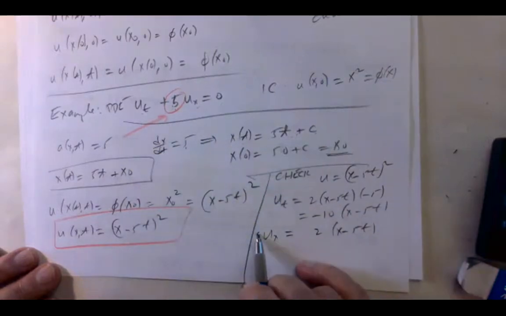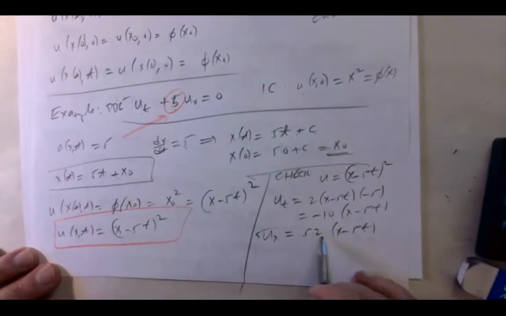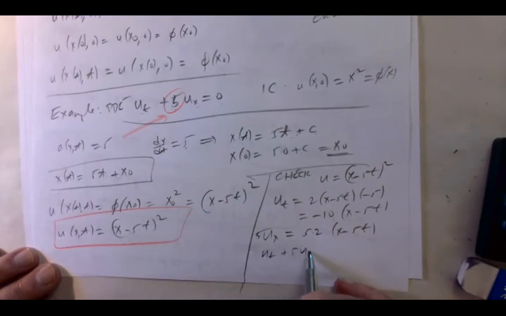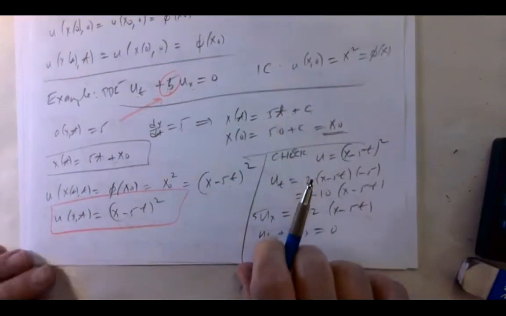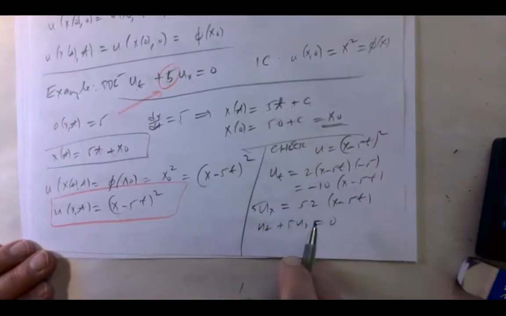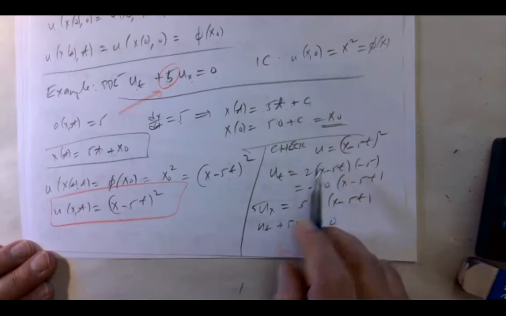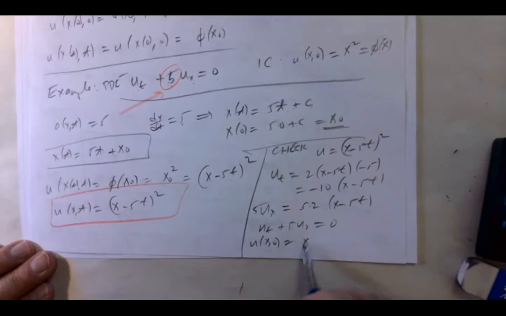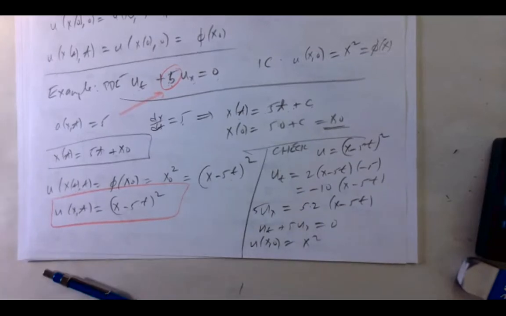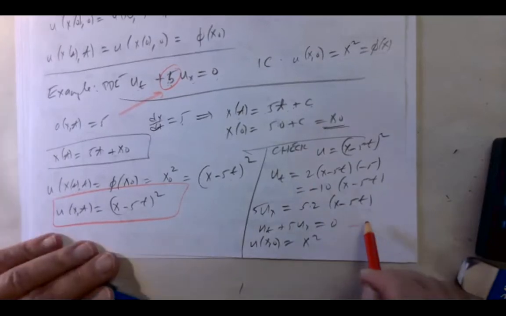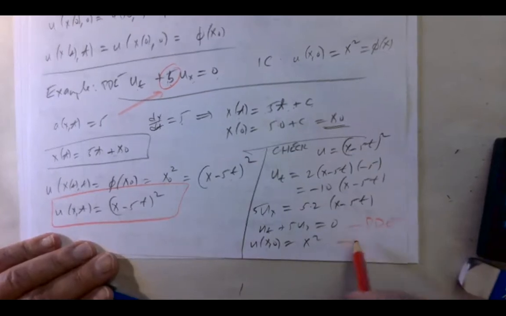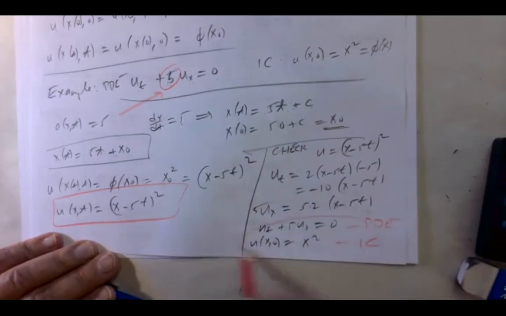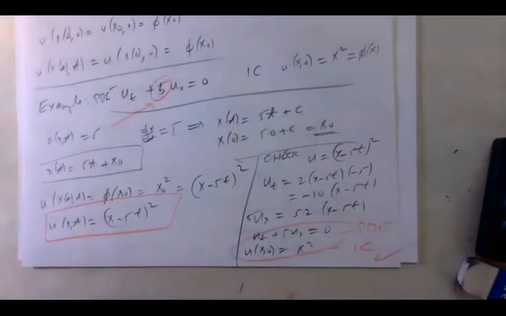If I multiply by 5, I get 10 times x minus 5t. I add these two, u_t plus 5u_x is 0. When I let t equal 0, u of x comma 0 is x squared. So this is my PDE, and this is my initial condition. So it all checks.